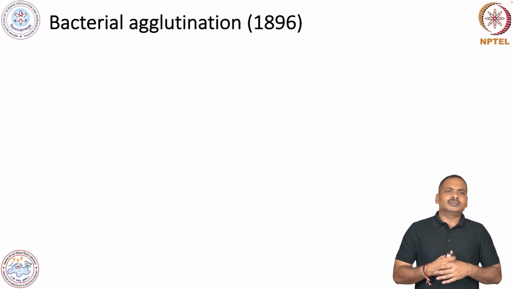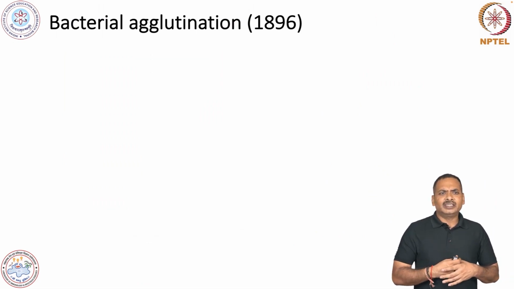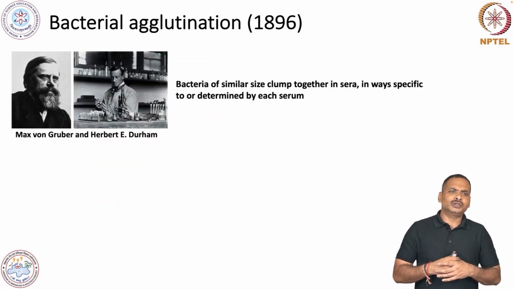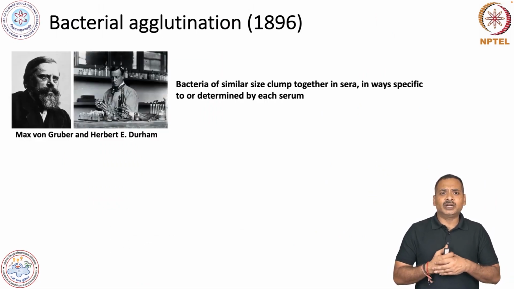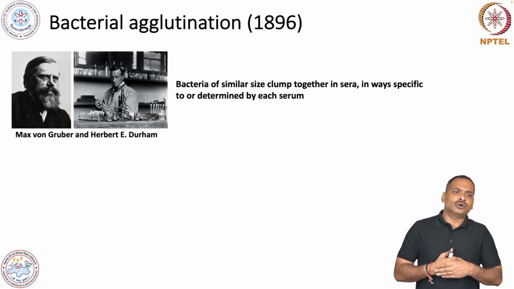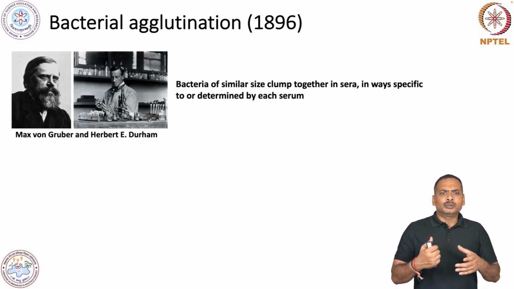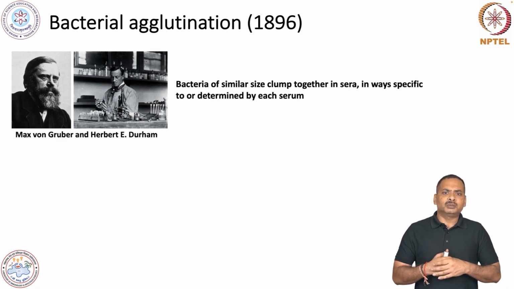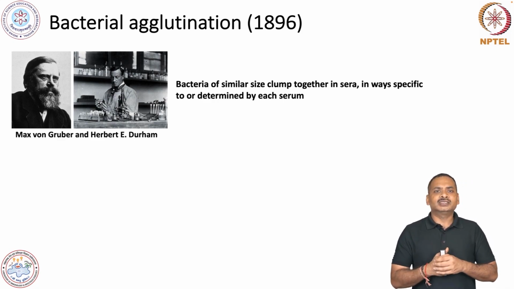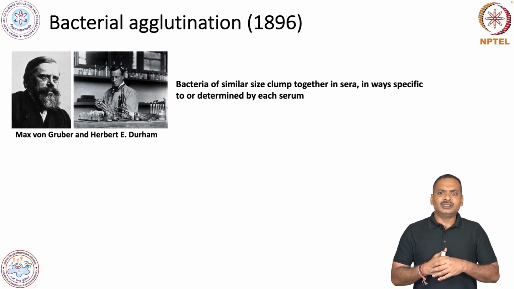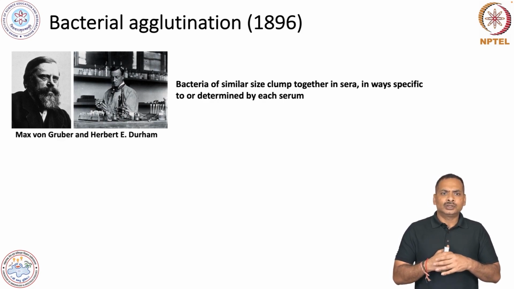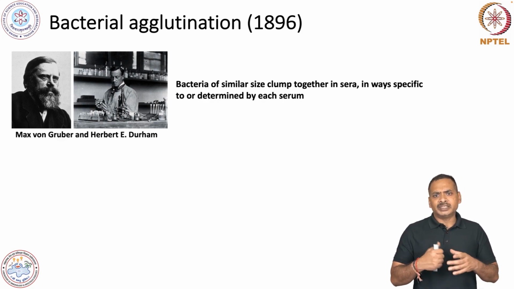Thereafter, there was other work in 1896 in which agglutination of bacteria was shown by Max von Gruber and Herbert Durham. They showed that bacteria of similar size clump together in sera in ways specific to, or determined by, each serum.